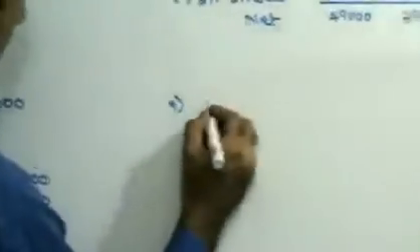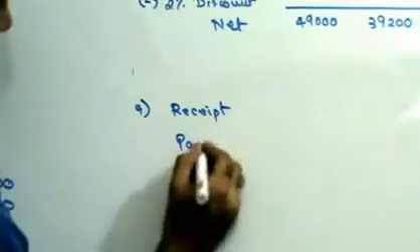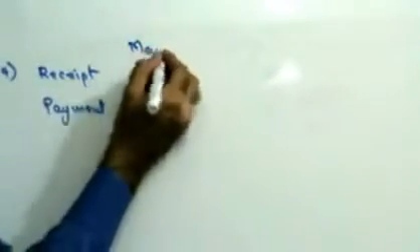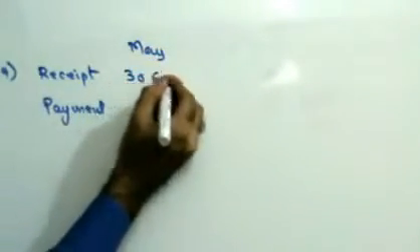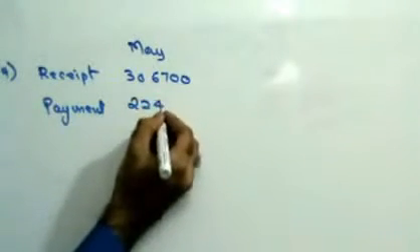Okay. 224,000. Working out 1, 2, 3, 4. Receipts, payments. Now in the month of May, you all just told me that my receipts are 3,07,700 and payments you said is 224,000.